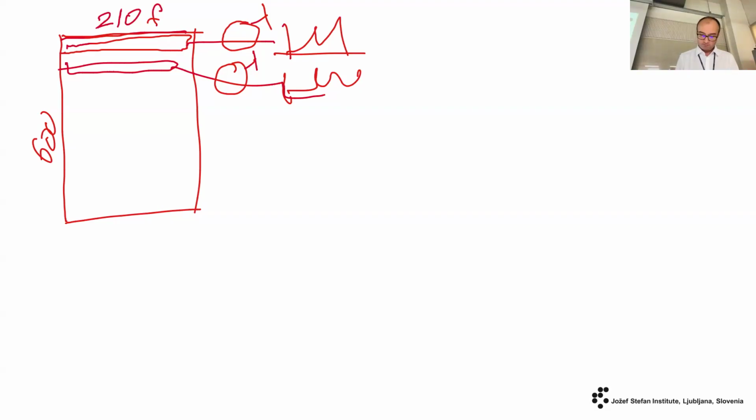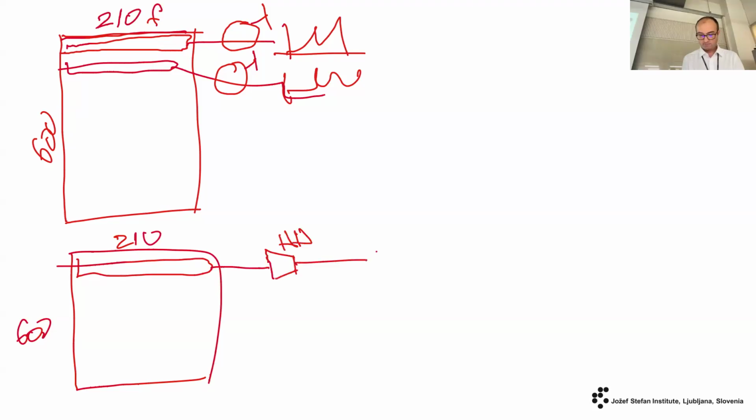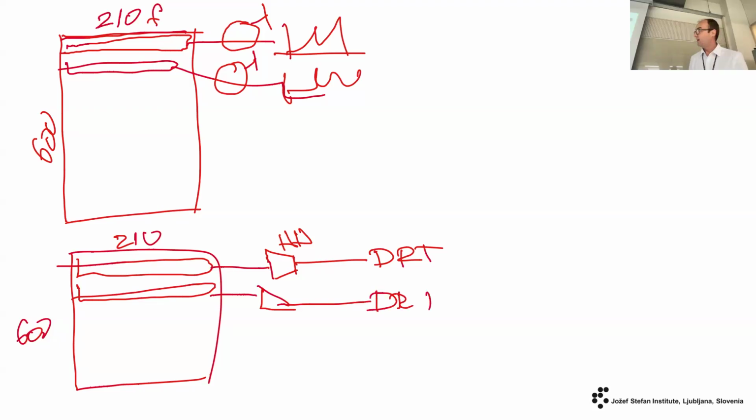If we take a neural network approach, with the same data set, 600 by 210, we take this one, train our neural network and get the DRT. Then what Chuchi does is take another one, train a new neural network and get another DRT.